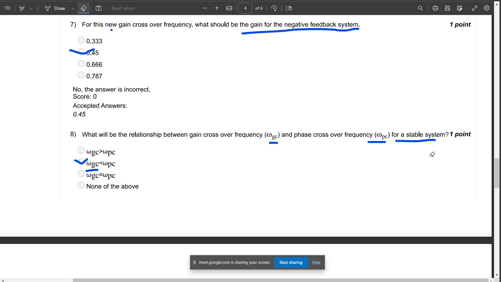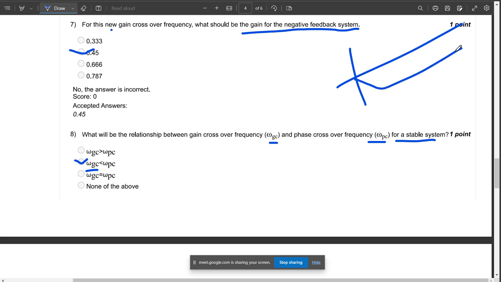So here the system is stable, right? We know that if the system is stable, it can have one pole or two pole or no pole. So the maximum it can go is still minus 180 degrees.